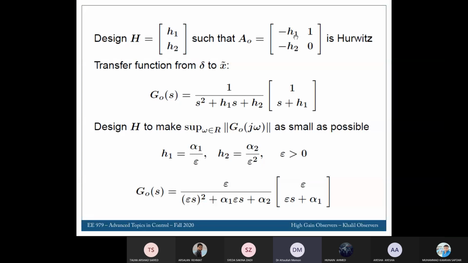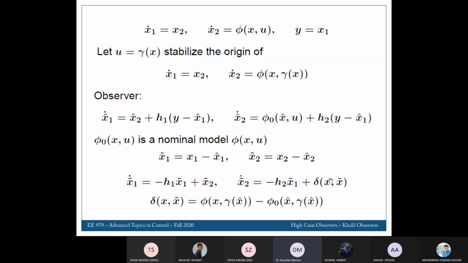And our goal is now to make sure that we design h1 and h2 such that this matrix is Hurwitz. So this is again the same eigenvalue assignment problem. Now what we need to do is to ensure that the transfer function of this given system, now this is a very important point to understand.